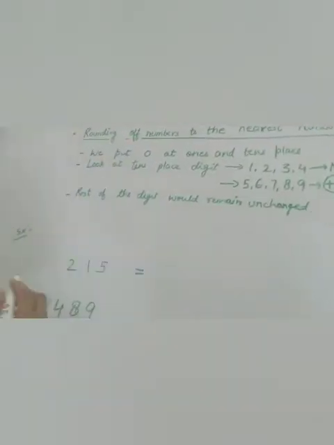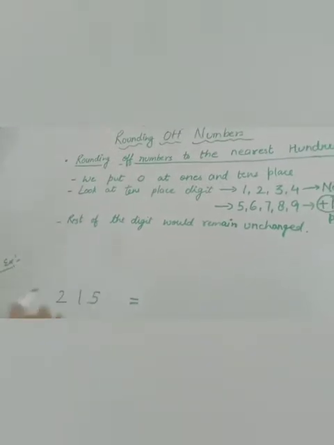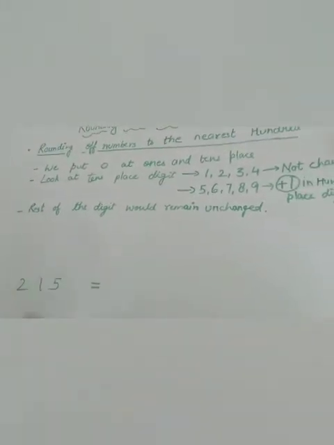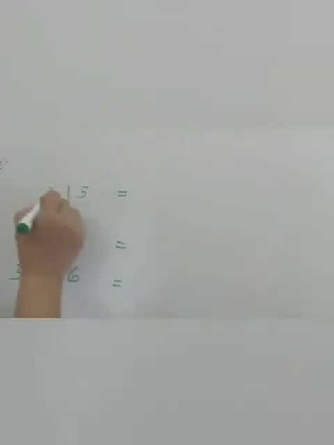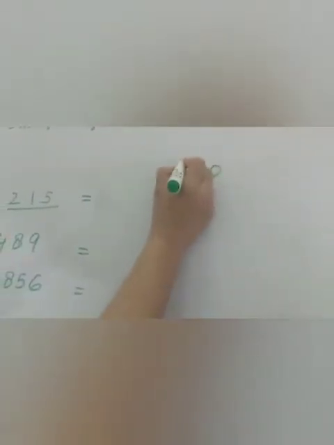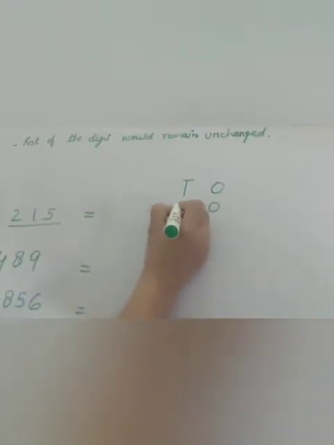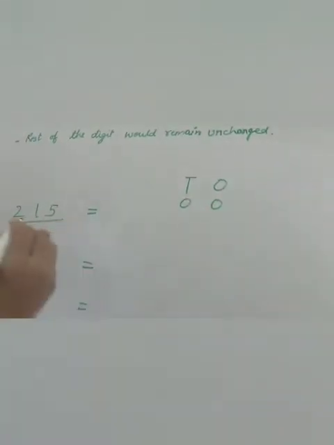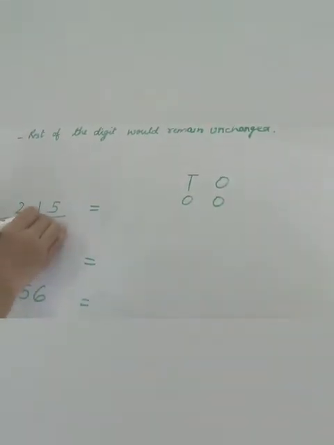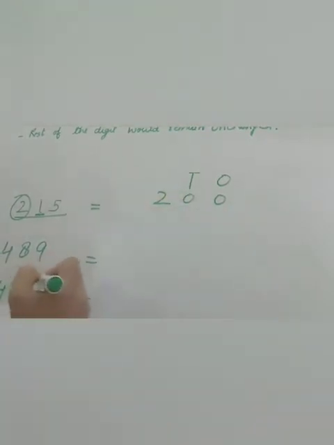Let's take some examples. There is 215. We have to round off all these numbers to the nearest 100. So take this number. First we will put 0 at ones and tens place. Right? Now we have to see the tens place number. It is 1. So we will not change any digit here. So it will remain the same. Right?